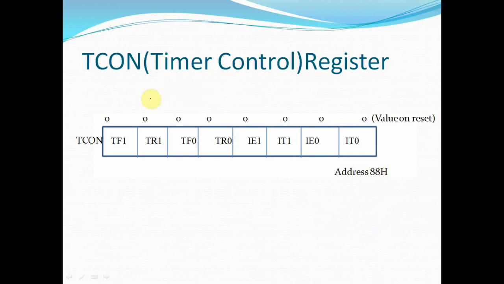Now consider that you are dealing with mode 1, that is a 16-bit timer. In a 16-bit timer, the maximum value that the timer can reach is FFFFH. So from whatever set value you have, the timer will start incrementing on every clock cycle and it will reach its maximum value of FFFFH.